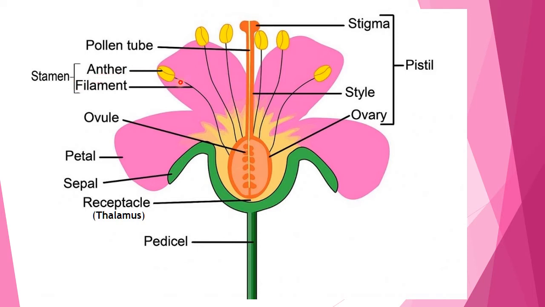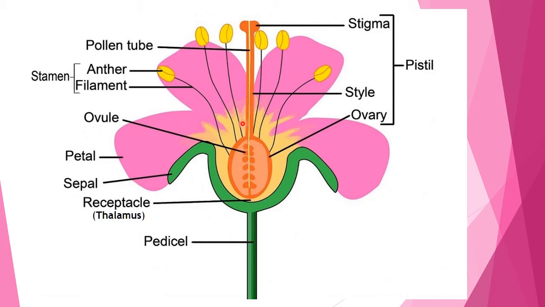Now the innermost whorl of the flower is known as gynoecium. Gynoecium is made up of carpel or pistil. What are the three parts of this carpel? This swollen portion is the ovary. Ovary has ovule inside. You can see this.